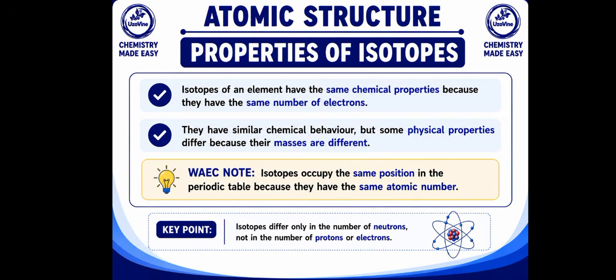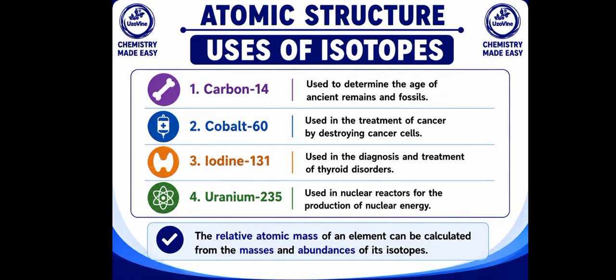Now, isotopes occupy the same position in the periodic table because they have the same atomic number. This is very important. Like we've always said, isotopes differ only in the number of neutrons, not in the number of protons or electrons.